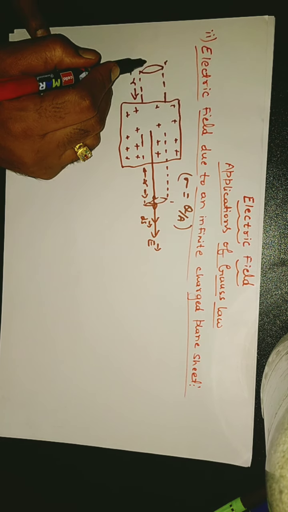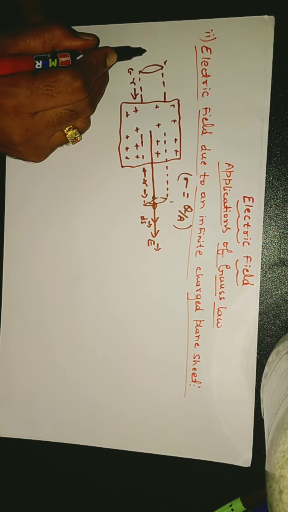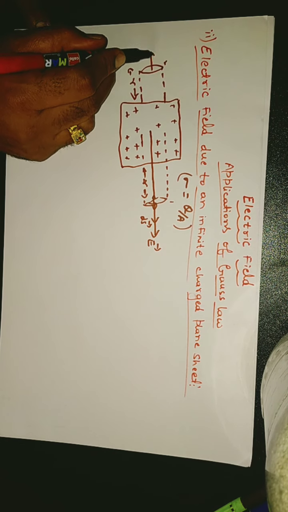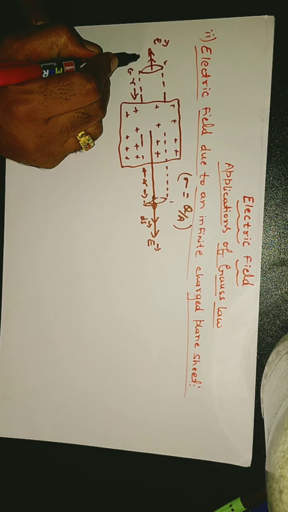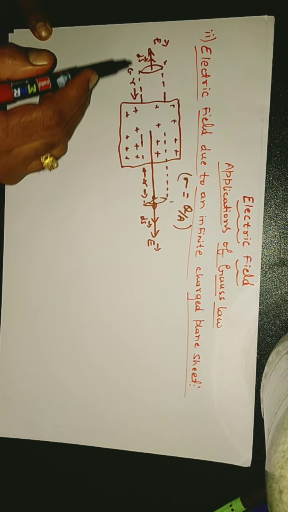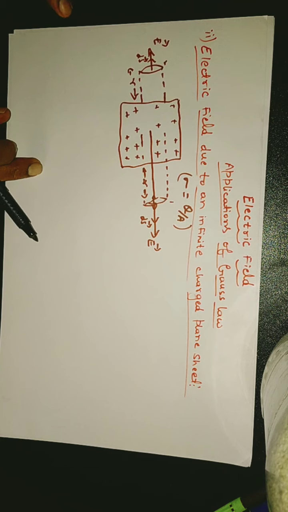So even here the electric field is along the normal to the surface. That means the angle between the electric field and the normal to the surface at the end caps will be 0.